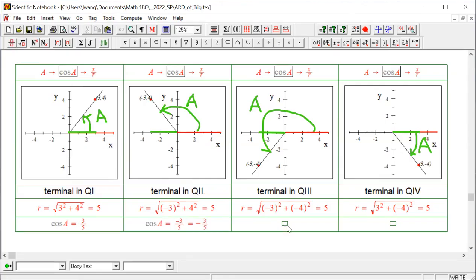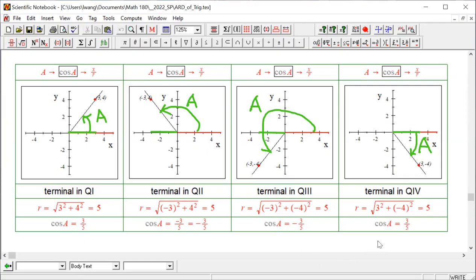Now, the next one, cosine A is still x over r. What is x? X is negative, so it's going to be the same answer. And in the last quadrant, x is now positive, so this time it is 3 over 5.